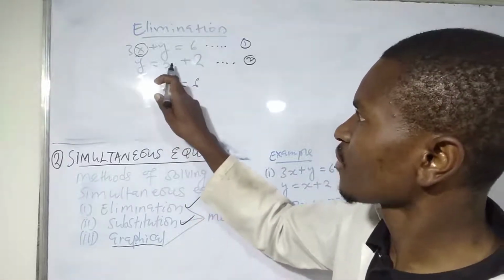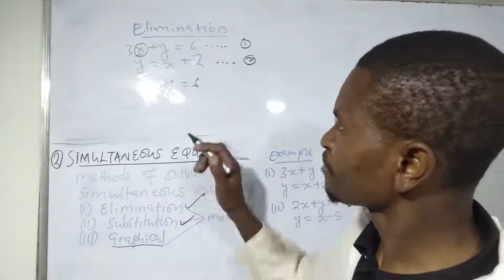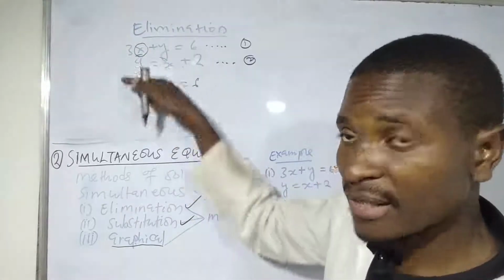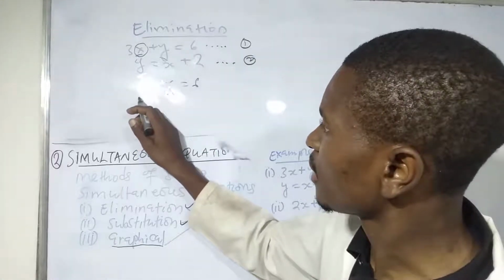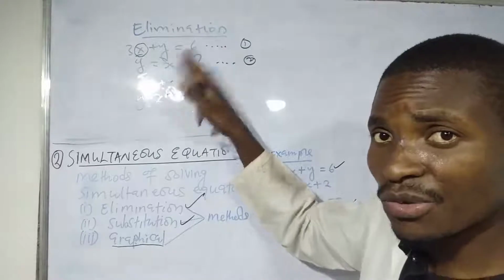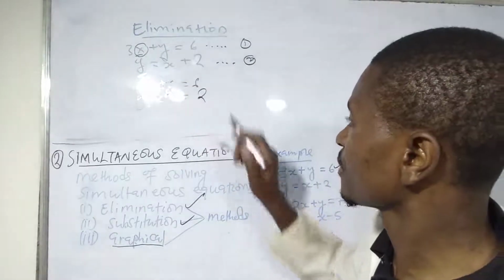And then we are going to say this comes to the other side, becomes y minus x equals to, now 2 remains alone.